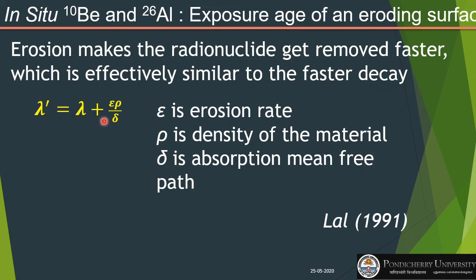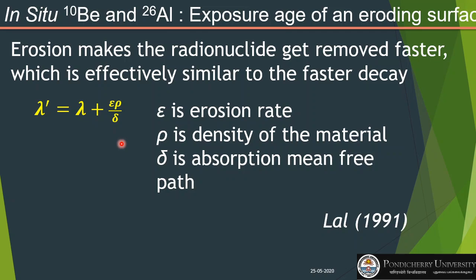That modification in lambda is done by adding a particular term, which includes three parameters. One is the erosion rate. Epsilon is the rate of erosion, which can be expressed in units of centimeters per year. Rho is the density of the material, which could be gram per centimeter cube.